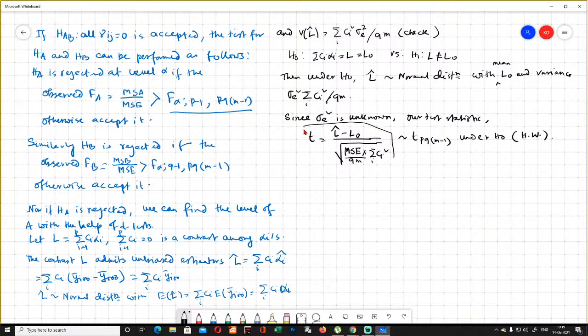We can use this test statistic, and we reject H naught at level alpha if the absolute value of t is greater than t alpha/2, pqm minus 1. Here t alpha/2, pqm minus 1 is the upper alpha/2 percentile point of the t distribution with pqm minus 1 degrees of freedom. Otherwise, we accept.